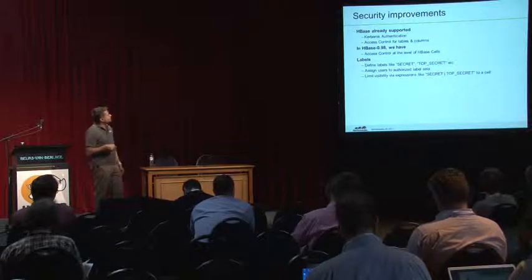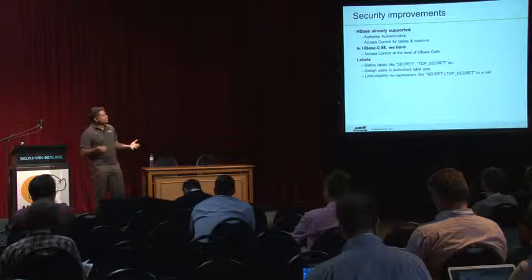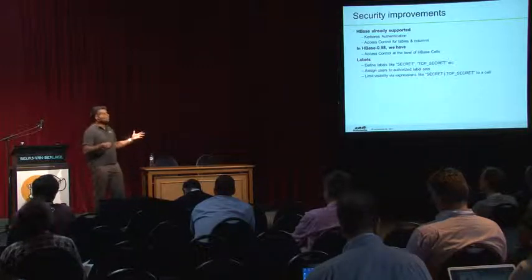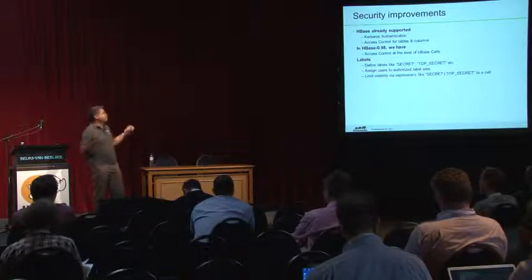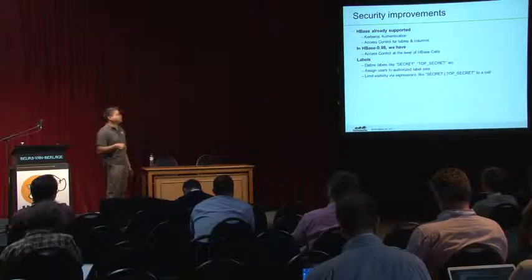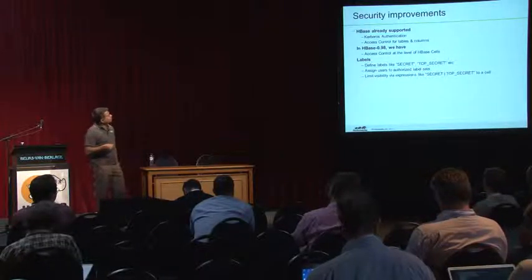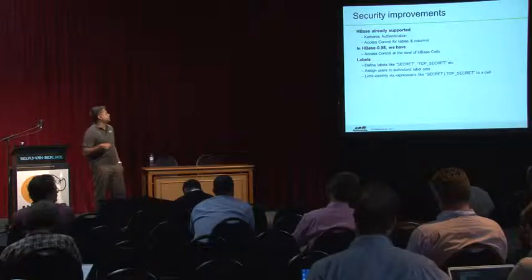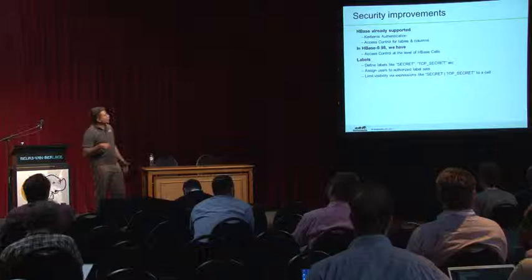And there is also the concept of labels. So you could define that these cells should be only accessed by people who are in, let's say, the secret domain or top secret domain, and you can have expressions based on that. So you can say, these cells should be visible to secret or top secret people.